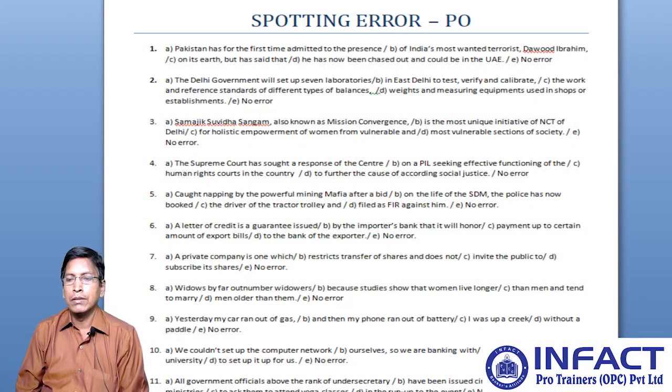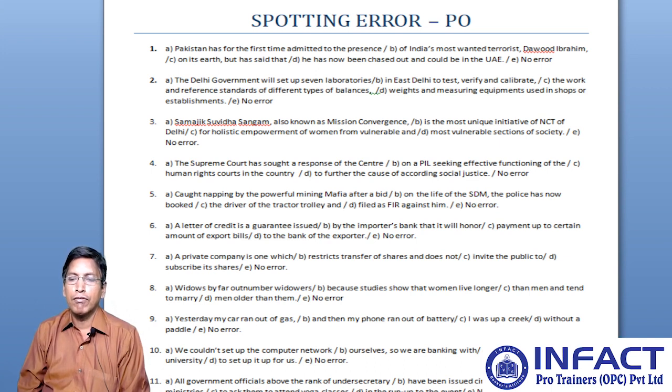Question number 1. Pakistan has for the first time admitted to the presence of India's most wanted terrorist Dawood Ibrahim on its earth, but has said that he has now been chased out and could be in the UAE.